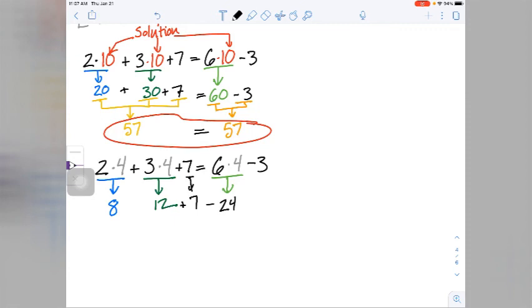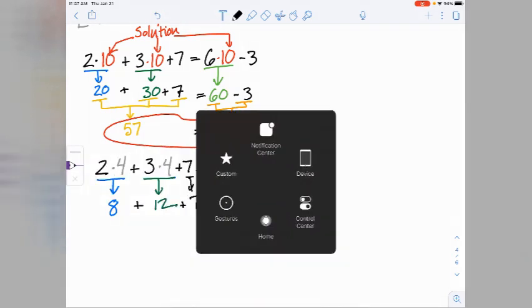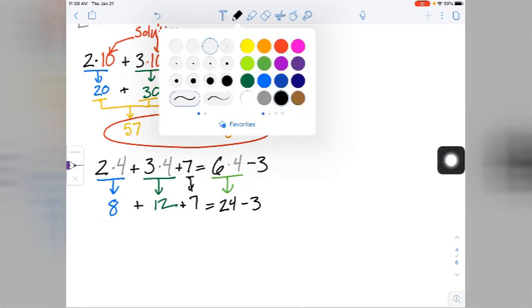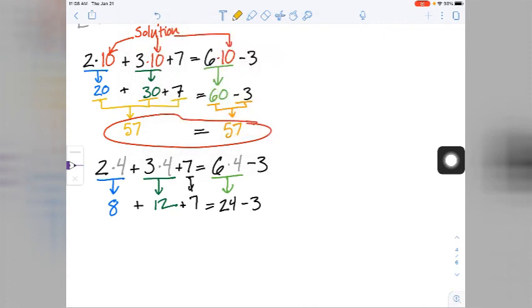So I'm going to rewrite all the other things that weren't math. 8 plus 12 is 20, plus 7 is 27.